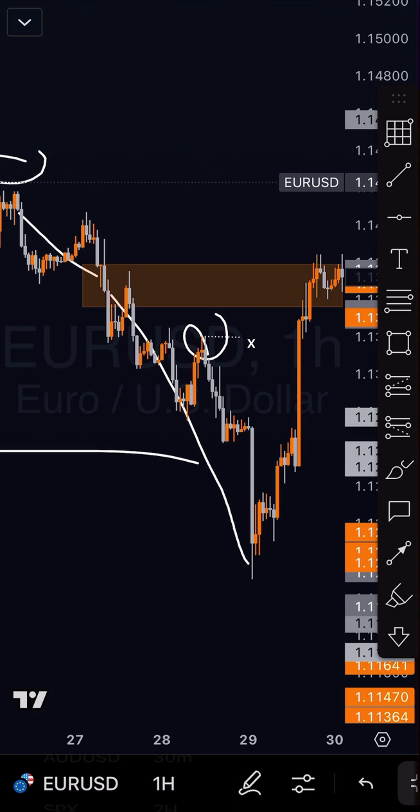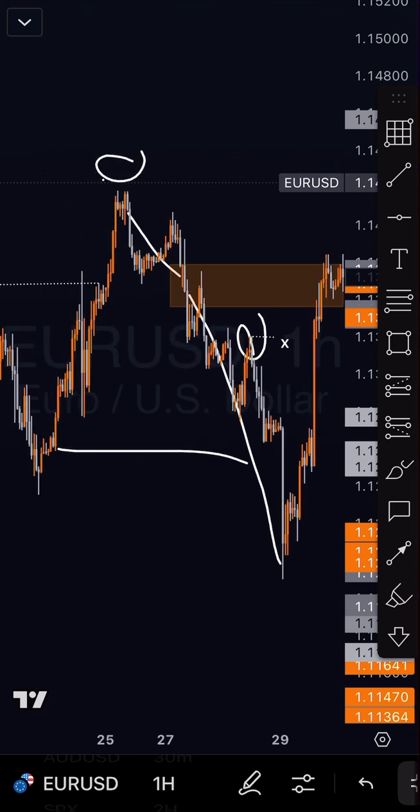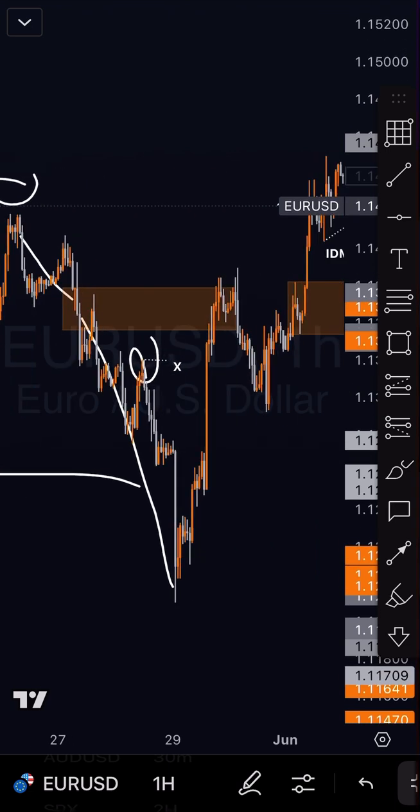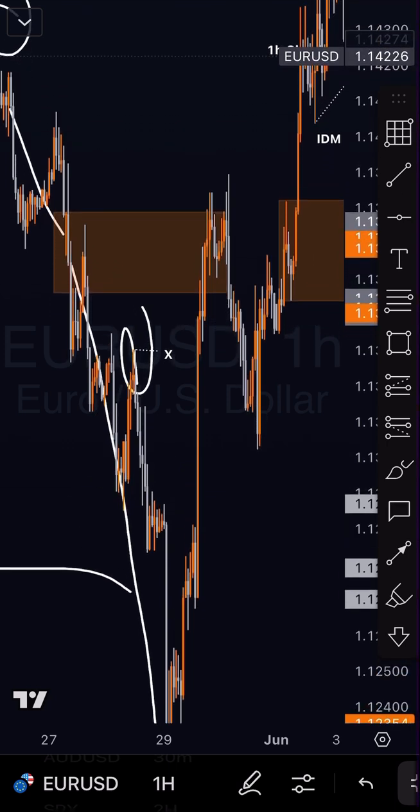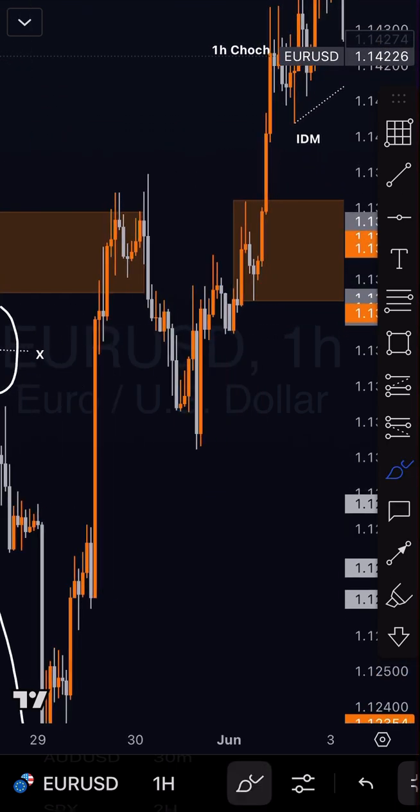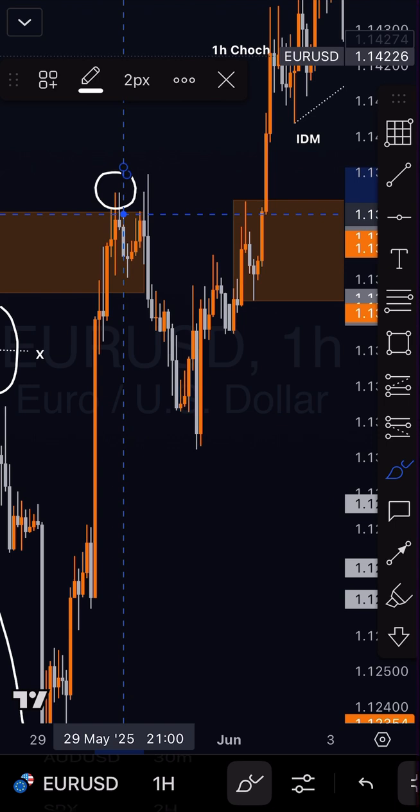But what did price do after here? You see, price never respected the point of interest. It swept the liquidity over here. Liquidity was swept, and it actually gave the valid entry.